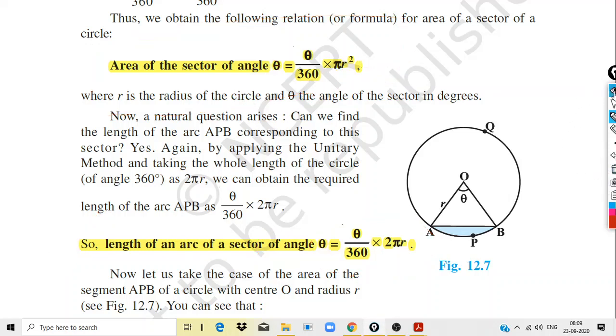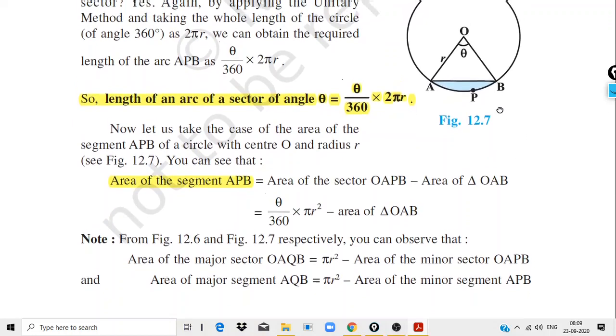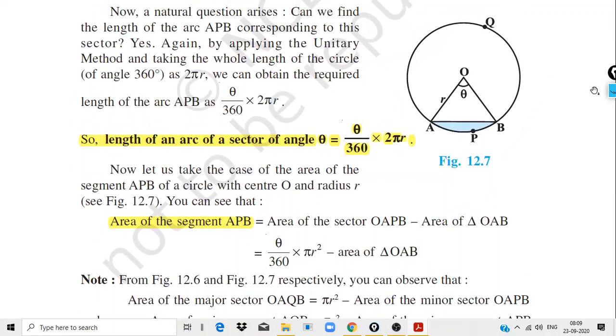Now we will find the area of a segment. Look at it. Now we will move to this figure, OAPB. This is the sector.